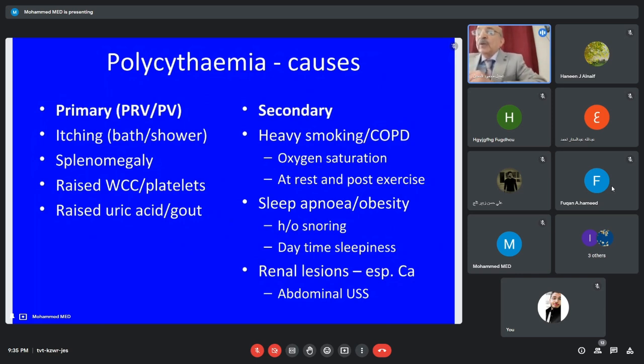And sometimes polycythemia occurs with renal tumor, whether benign or malignant, because renal tumors often secrete erythropoietin. And if you remember your physiology, erythropoietin is the hormone responsible for stimulating the bone marrow to synthesize red blood corpuscles. Next slide, please.